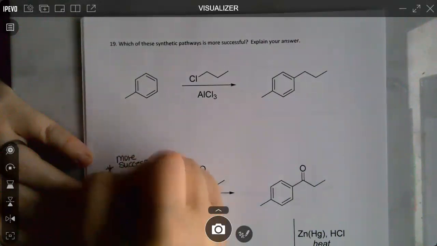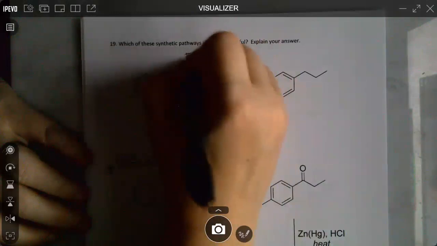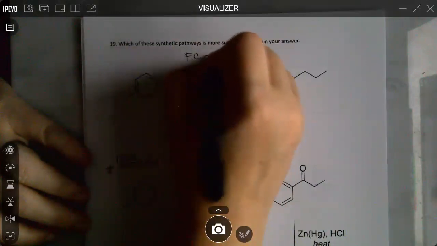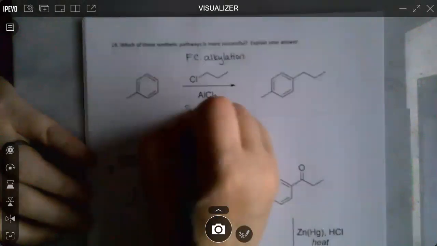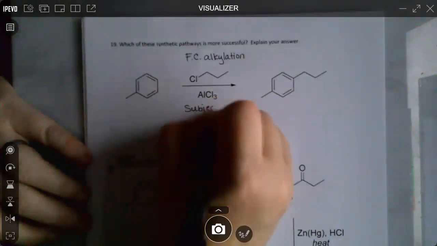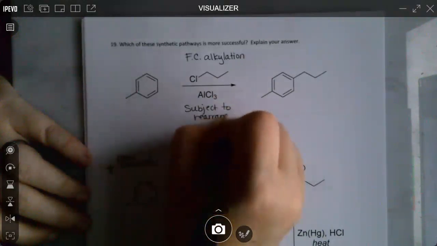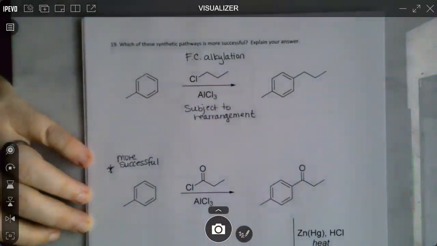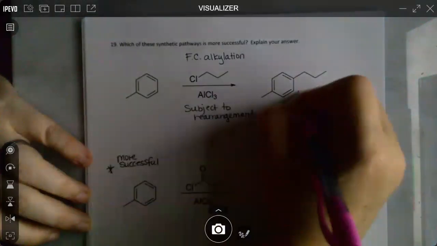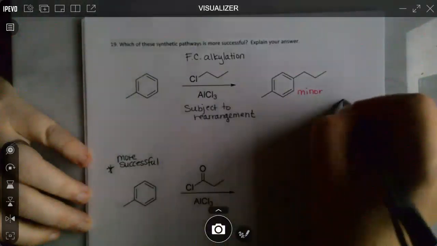And that's because the Friedel-Crafts alkylation is subject to rearrangement. And so the product that's shown is actually not likely to be the major product. This is likely to be a minor product. And the major product will be the rearranged product.